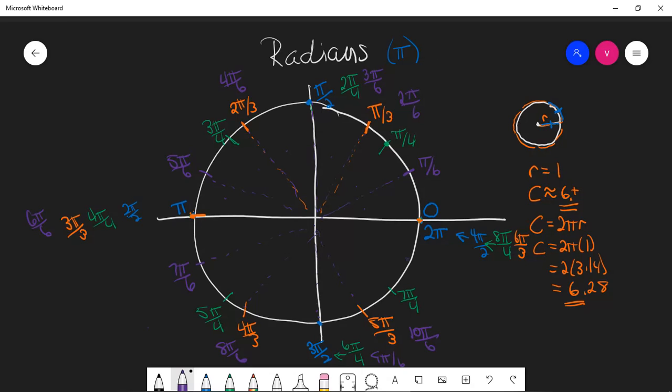And 11/6. What's the last one? 12 pi over 6, which reduces to 2 pi. All right, so 1/6, 2/6, 3/6, 4/6, 5/6, 6/6, 7/6, 8/6, 9/6, 10/6, 11/6, 12/6.